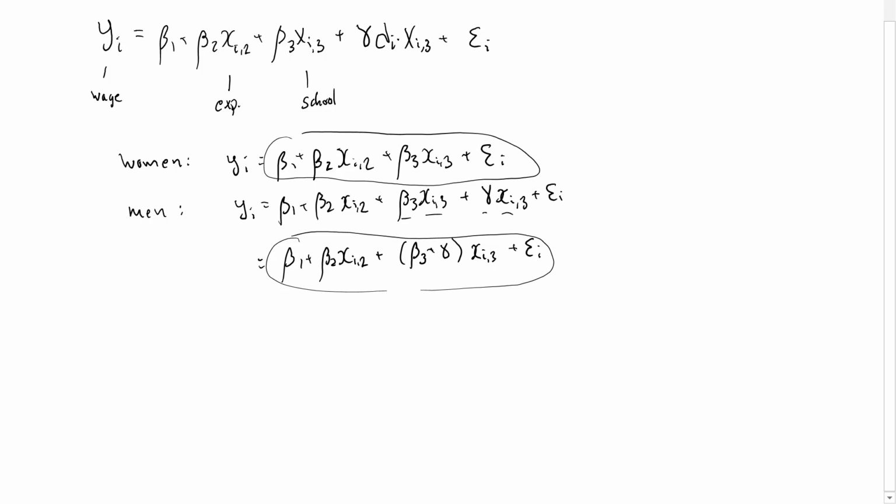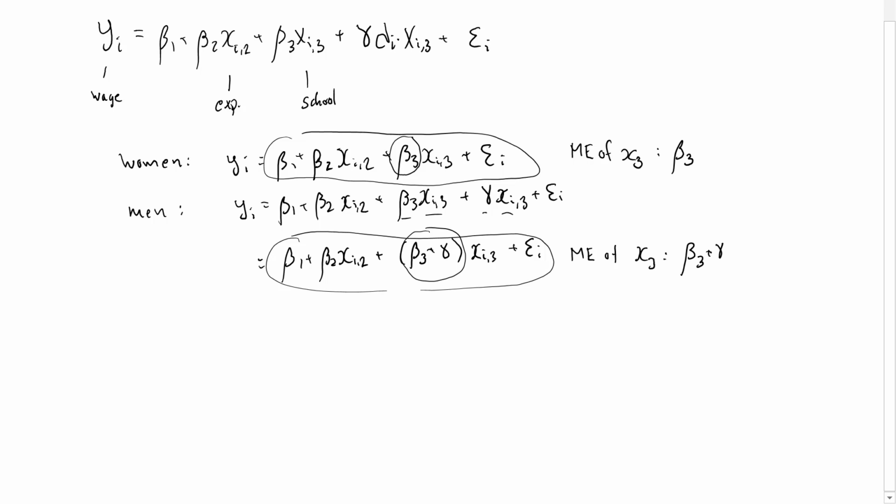So let's compare the expression for men to the expression for women. And we see that the difference is in this term here. It's beta 3 for women, and for men it's beta 3 plus gamma. Remember that in a linear model, beta 3 is the marginal effect of x3 on y. So the marginal effect of x3 for women is beta 3, while the marginal effect of x3 for men is beta 3 plus gamma.